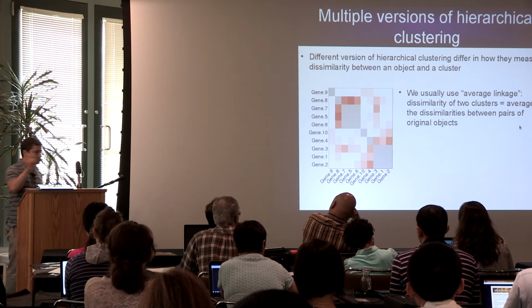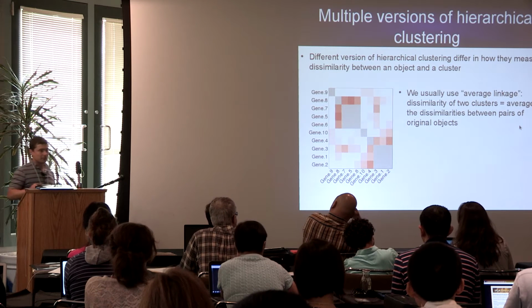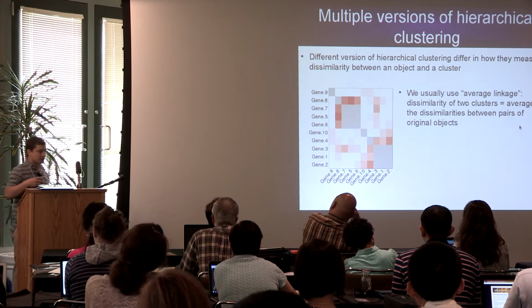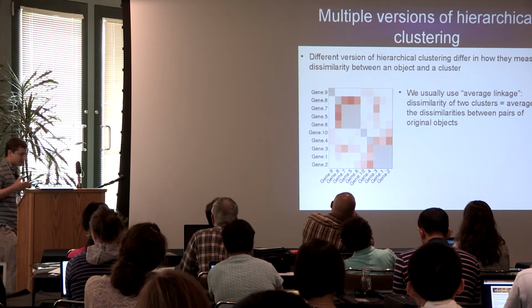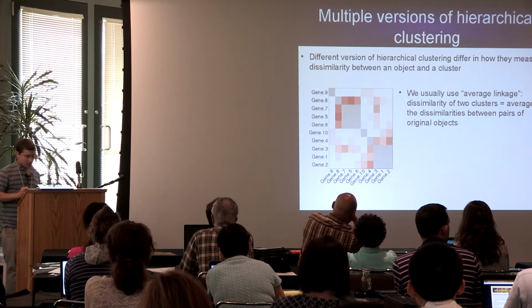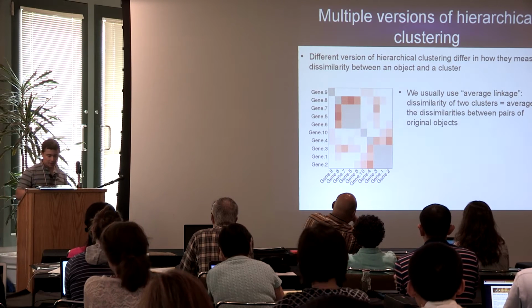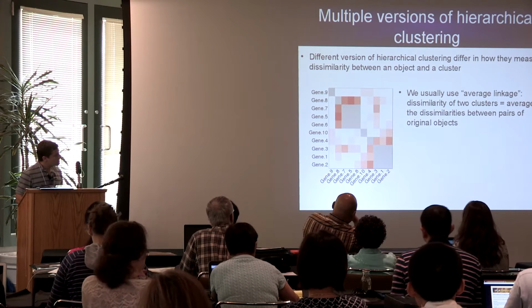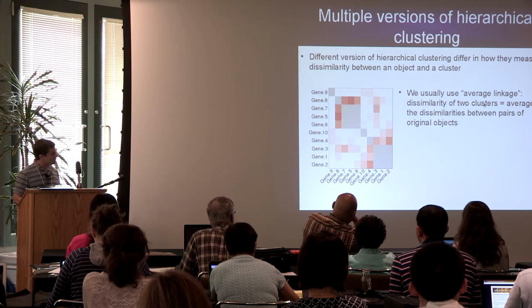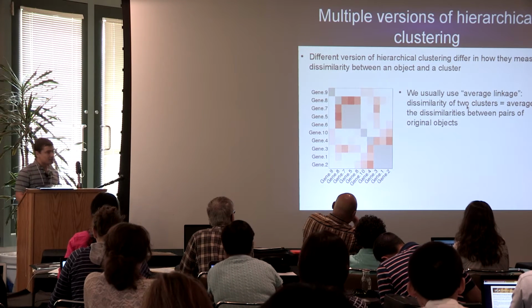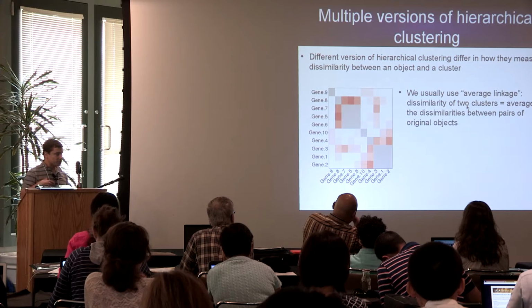So when you have two objects, you just have a number. When you have two clusters, or an object and a cluster, you have a bunch of numbers, and you have to distill that bunch of numbers into one single number. And methods differ by how they do it. I'm not going to go into the details. I'm just going to say that we usually use what's known as average linkage hierarchical clustering, where the dissimilarity of two clusters equals the average of the dissimilarities between their objects.